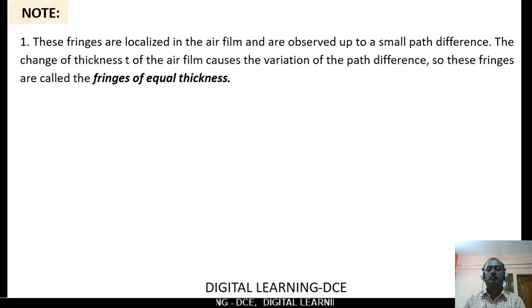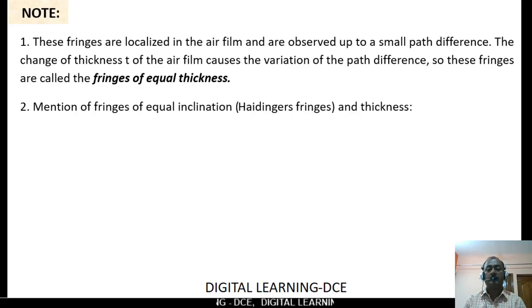We can note that these fringes are localized in the air film and are observed up to a small path difference. The change of thickness t of the air film causes the variation of the path difference. So these fringes are called the fringes of equal thickness.